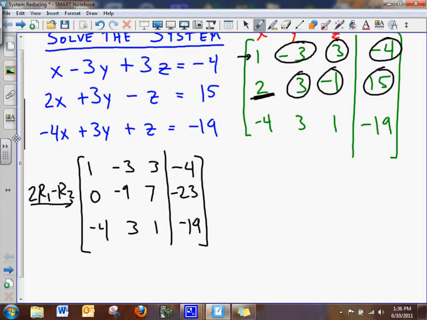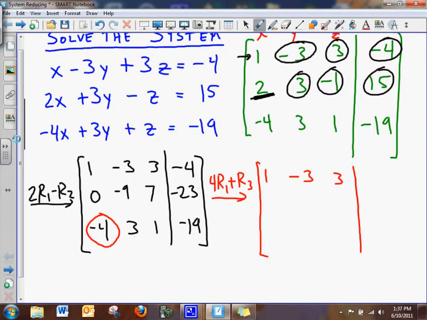Next step, we have to make this a 0. Okay? I'm going to use the first row again. I'm going to have to multiply by 4 this time. And because it's negative, I'm going to add instead of subtract. So 4 times row 1 plus row 3. In this case, the first and the second rows are not changing.